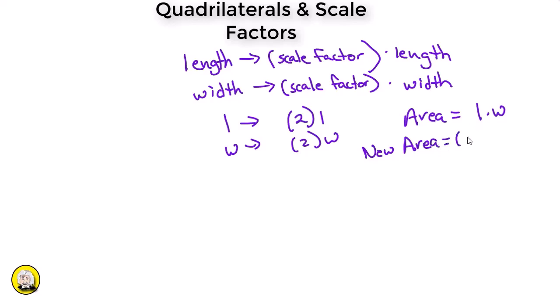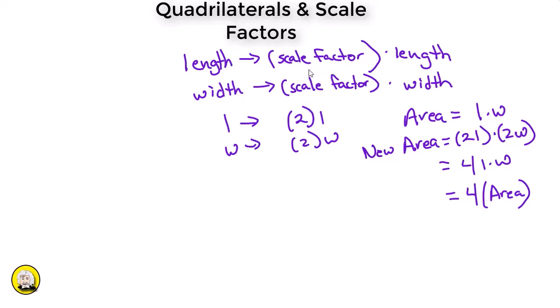In that case, that's 2 times L times 2 times W, which in turn equals 4L times W. And we know the original area equals L times W, so that is the same as 4 times the original area.